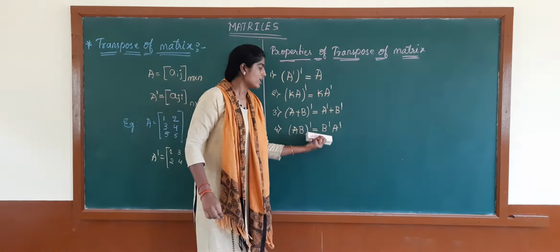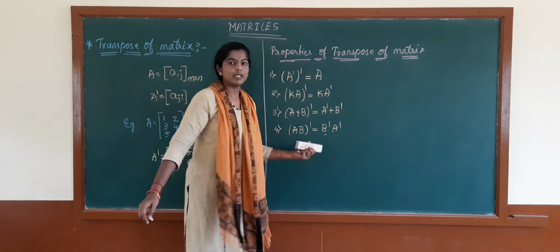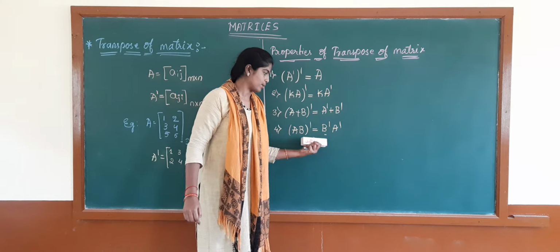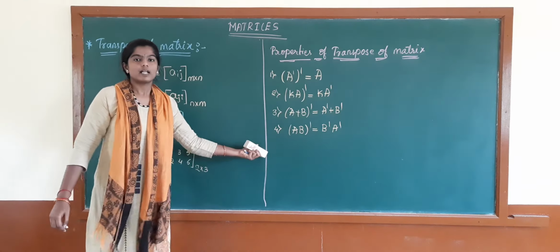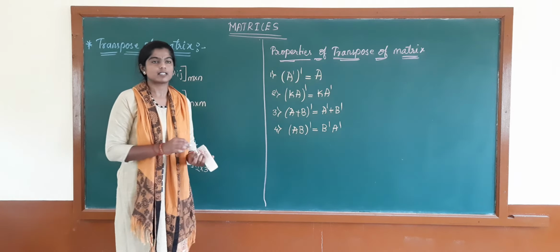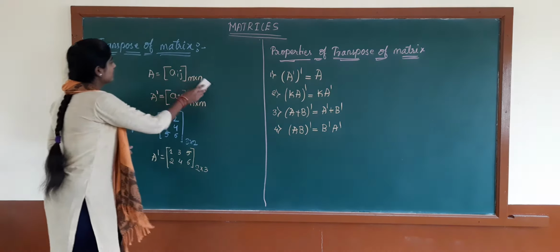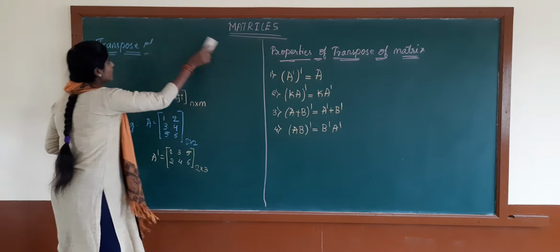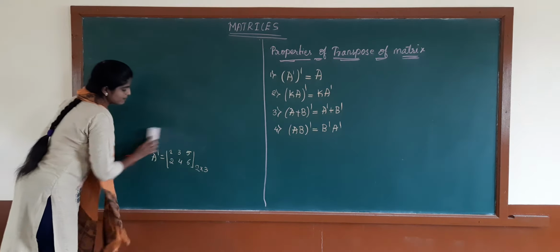Here it is not A transpose into B transpose, we have to get B transpose into A transpose. These are some properties of the transpose of a matrix. Based on this, we solve one problem, that is, we verify the condition of the properties of the transpose.